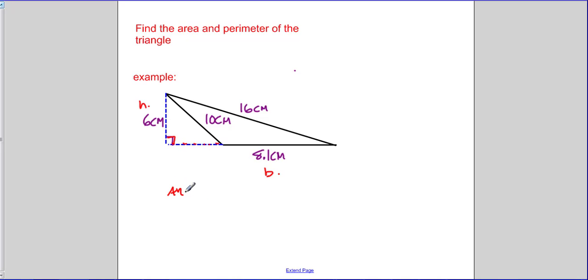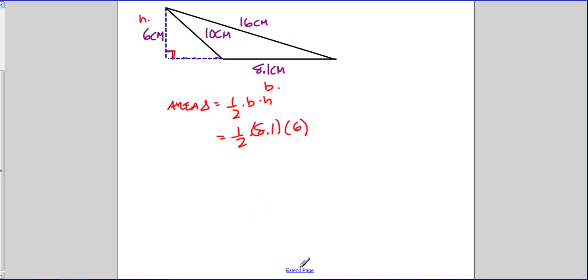So the area of the triangle is 1/2 times B times H, which in this case is 1/2 times 8.1 times 6. Now there's several ways you could calculate this. One way is to take 1/2 of 6, which is 3, times 8.1. Another way is to take 8.1 times 6 and take half of it.